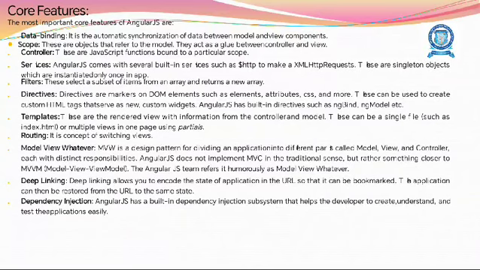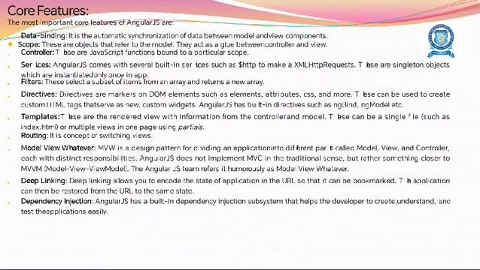That is, MVW is a design pattern for dividing an application into different parts called model, view, and controller, each with distinct responsibilities. AngularJS does not implement MVC in the traditional sense, but rather something closer to MVVM. The AngularJS team refers to it humorously as model view whatever.